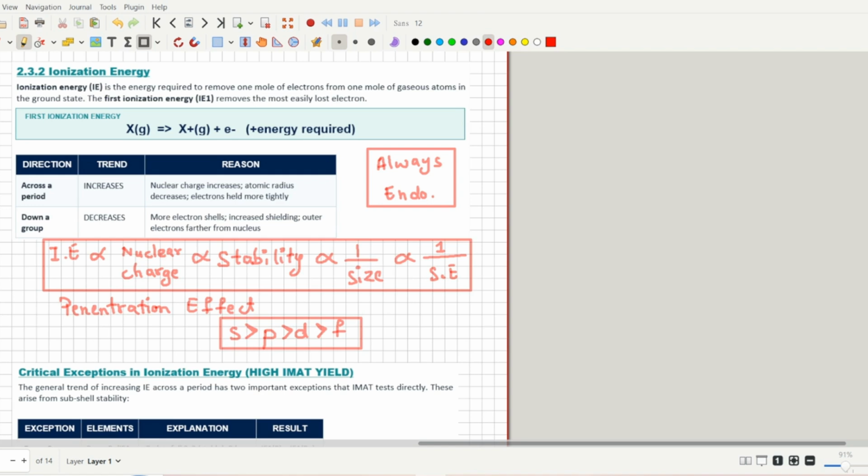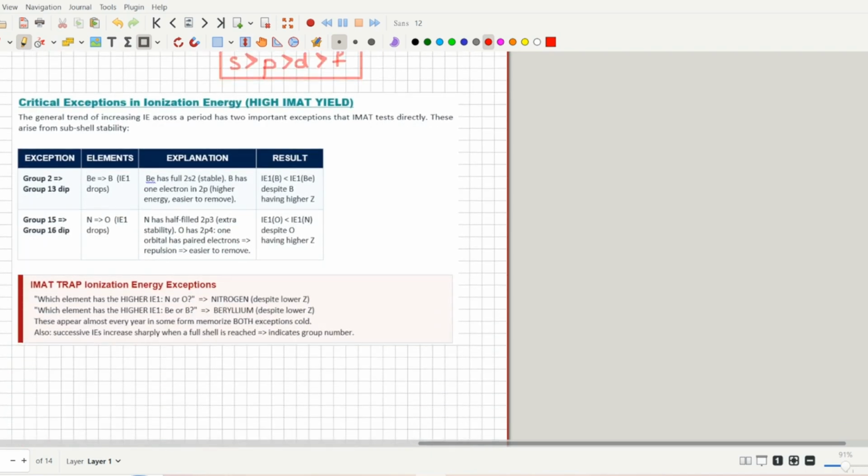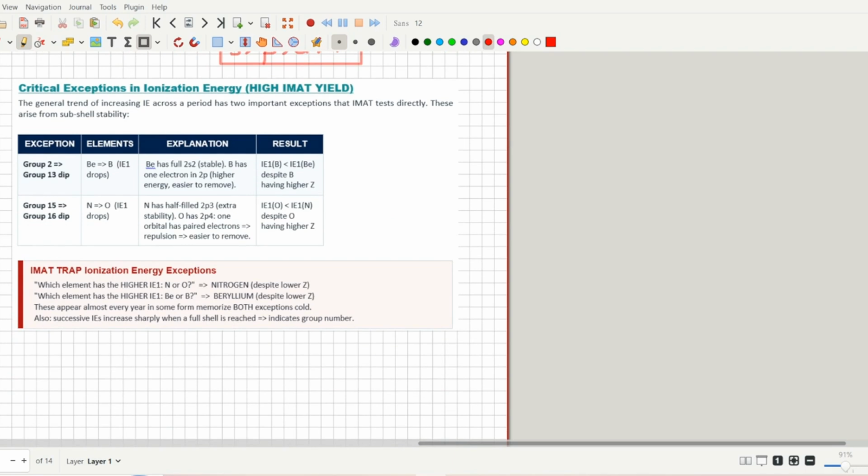So let's talk about some exceptional cases. Exceptional cases are like a gold mine, and they are the trickiest ones. The first thing you need to know about ionization energy is which elements have the maximum and which have the minimum. The maximum ionization energy is for 8A elements. What are 8A elements? 8A elements are noble gases.